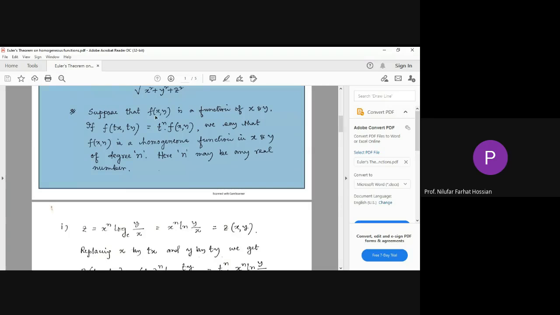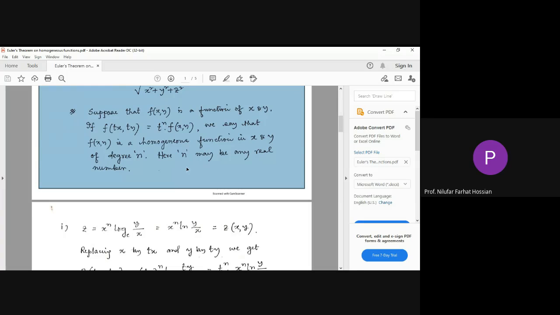If you replace x by tx and y by ty in the function, and you see that the transformed function can be expressed as t to the power n into the original function, then we say that this function is a homogeneous function of degree n.